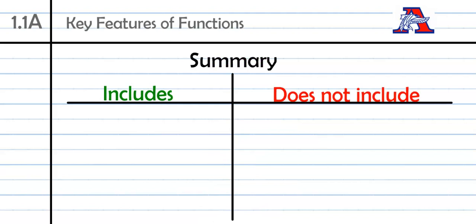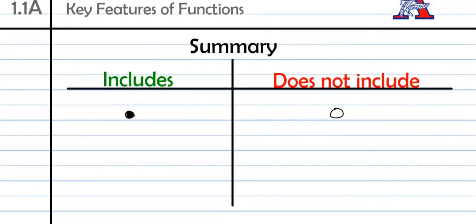And then lastly, just a quick little summary here, just so you have all in one place. Where are you including the number? Where are you not including? What does that look like? So when you're talking about dots, closed dot means includes, open dot means does not include.